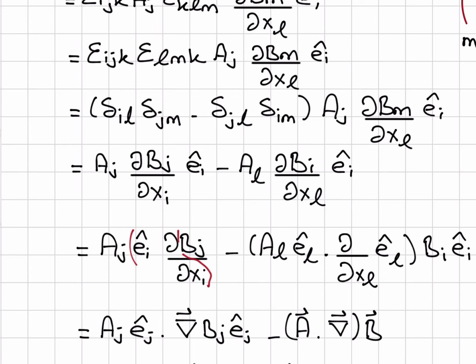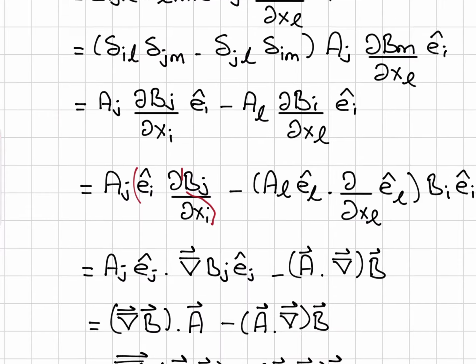Now I have to recognize what this is. Since I have the j index here, this means I have a dot product between these two. So this is A_j e_j hat dot product with a gradient operator, because this e_i hat del/del x_i is the gradient operator acting on components of B, B_j e_j hat.